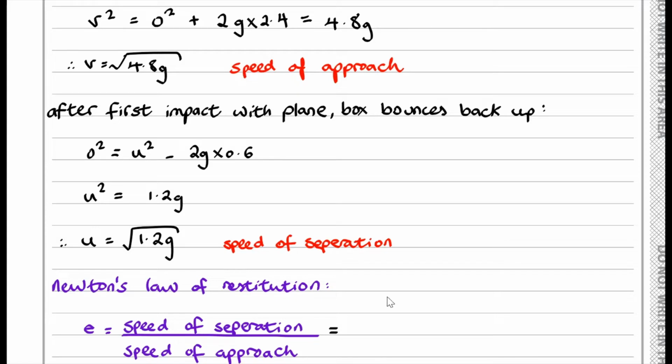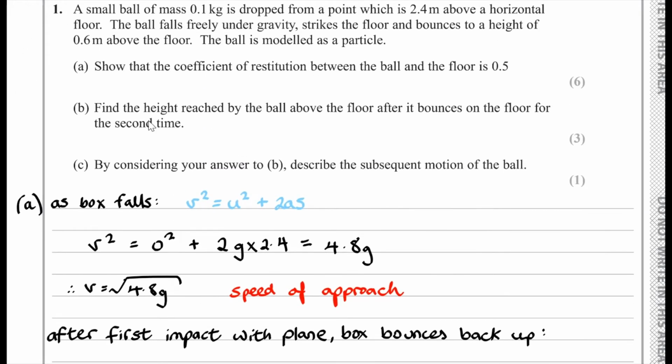If we substitute these in, we have the square root of 1.2g divided by the square root of 4.8g. If you work this out, you'd find we get 1/2, and that's exactly what we wanted to show.